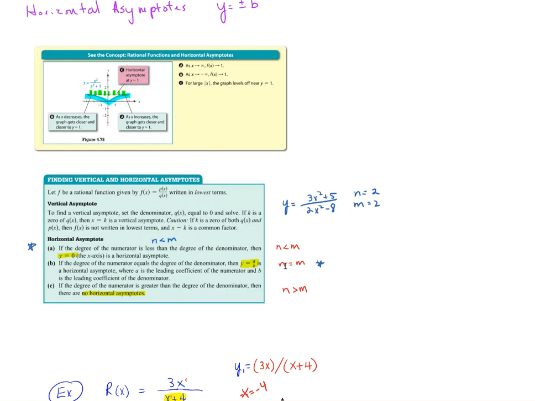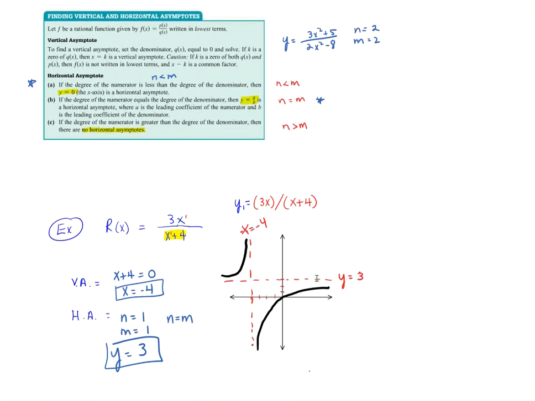That's when n equals m. This is when n is less than m. If the degree of the numerator is greater than the degree of the denominator, then there are no horizontal asymptotes. So there's three possibilities. N is less than m, n is equal to m, or n is greater than m.